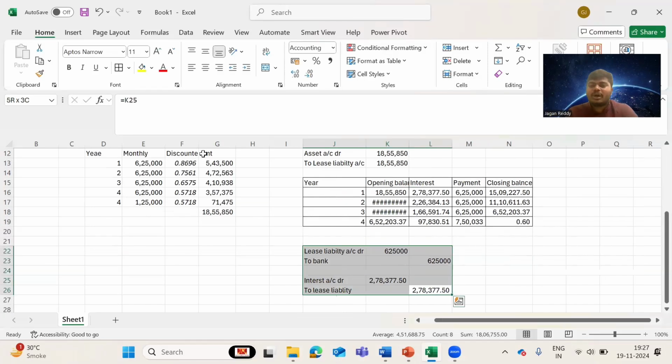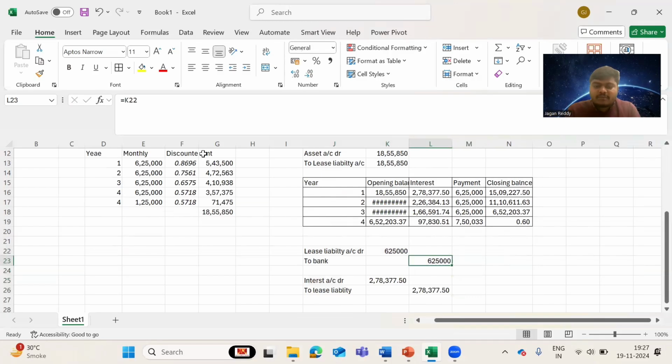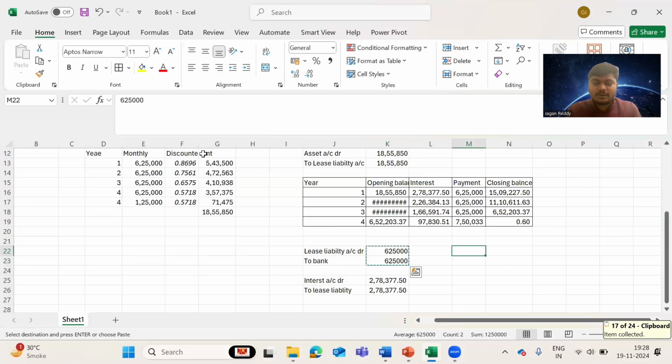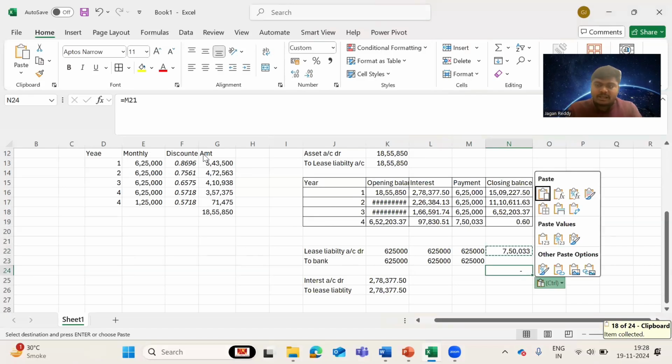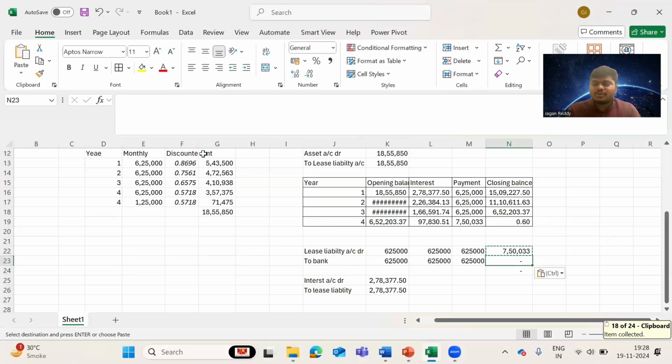At the end of the first year, we have to do the same entries. Whereas with respect to year two, year 3 also, the same 6,25,000 you will pay. In year 4, how much will you pay? 7,50,000 or so you will pay. 6,25,000 monthly lease payment, whereas the guaranteed residual value also you will pay. Okay.